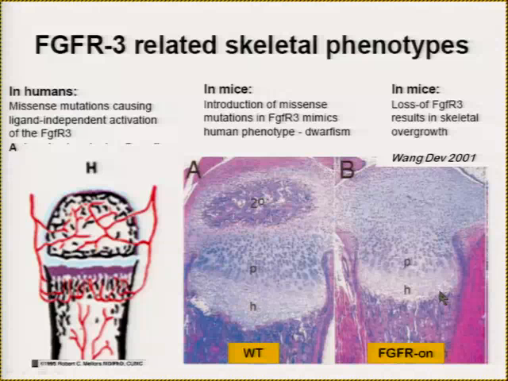In the FGF receptor 3 mutant mouse, or in the human, what happens is really a disruption of endochondral proliferation. So there's poor proliferation. There's actually no good distinction between the secondary ossification center and the primary one, and there is a problem with the bone.